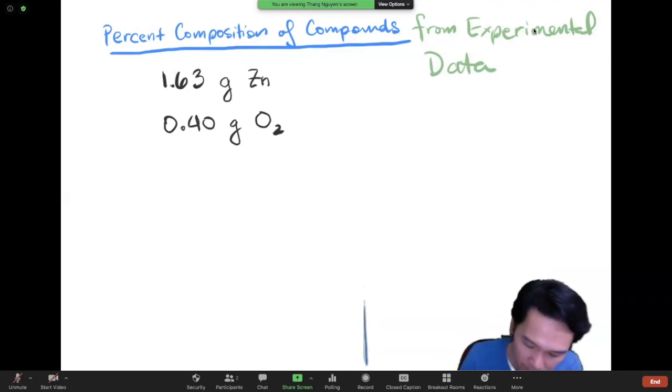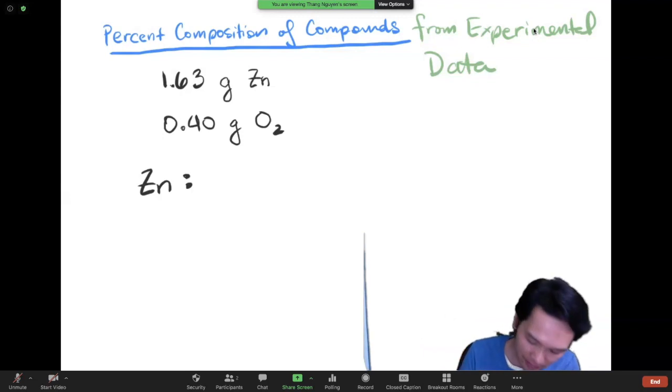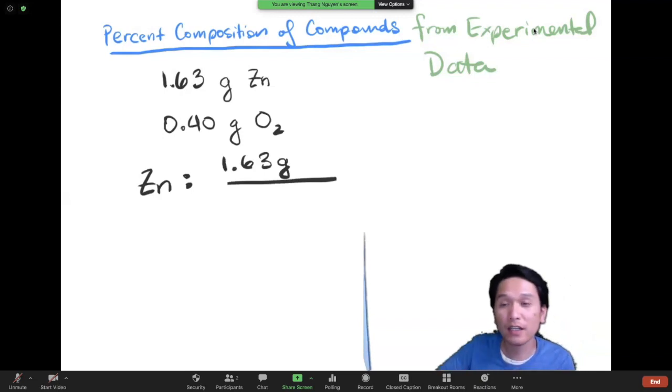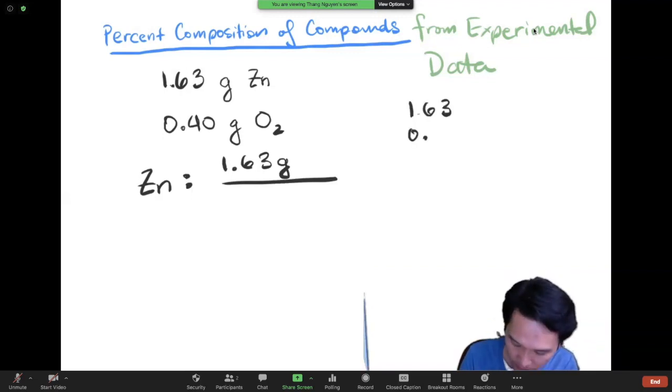Okay, so let's do zinc first. Again, we have to take the part divided by the whole. The part here then is the zinc, which is 1.63 grams divided by the entire compound. Remember, the entire compound is zinc and oxygen, so we have to do an addition of those two first.